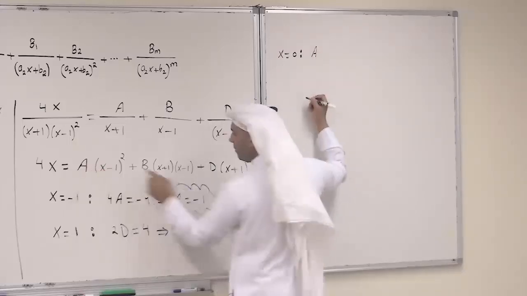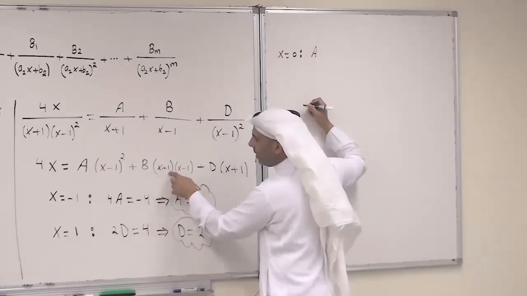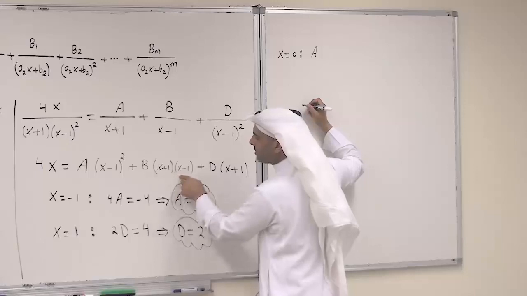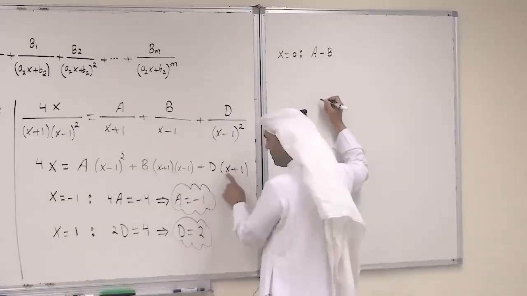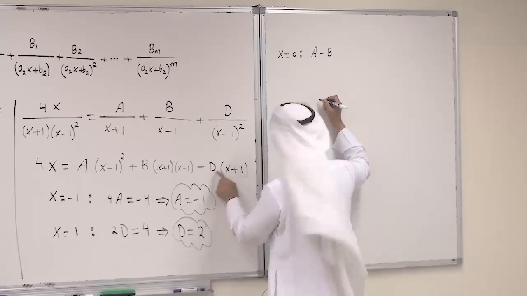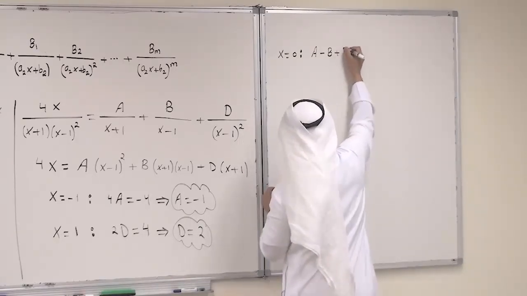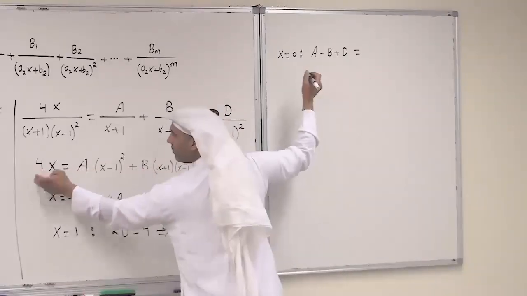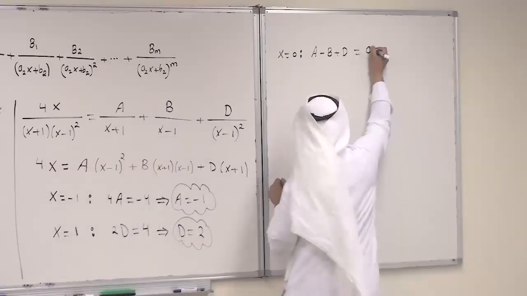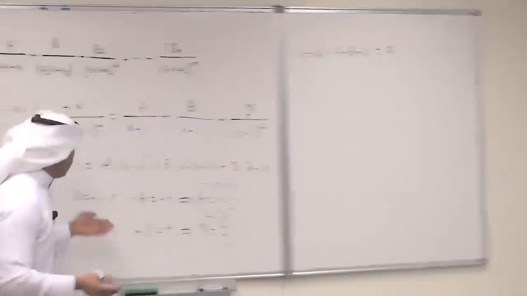Now, if you substitute 0 here, you get 1 times minus 1, that is minus 1, so that will give me minus b. If you substitute 0 here, you get 0 plus 1, that's 1 times d, so it is plus d. And if we substitute 0 in the left-hand side here, we get 4 times 0, that is equal to 0.